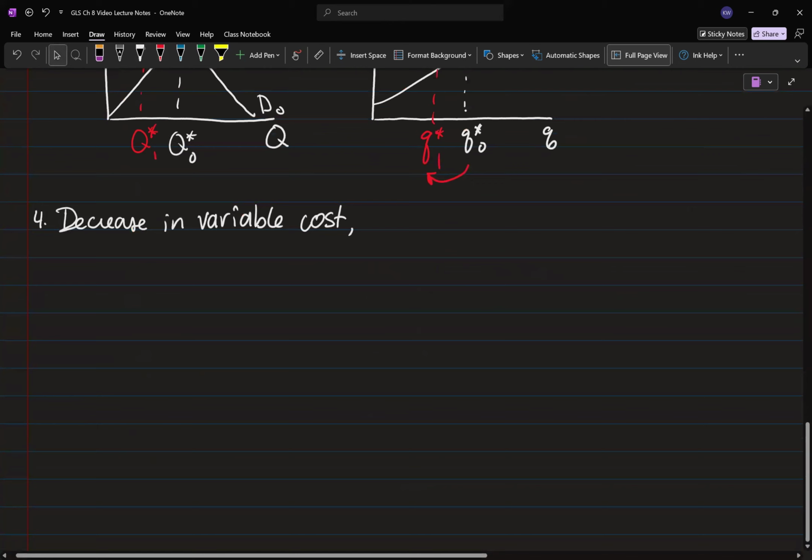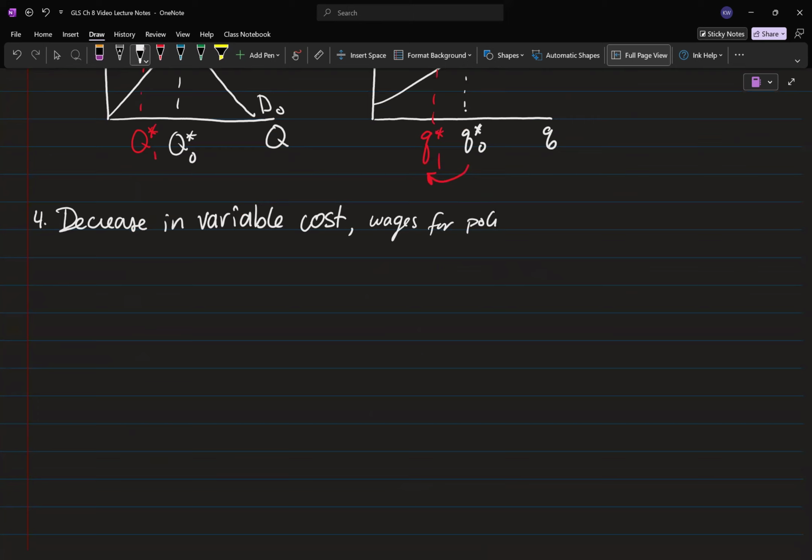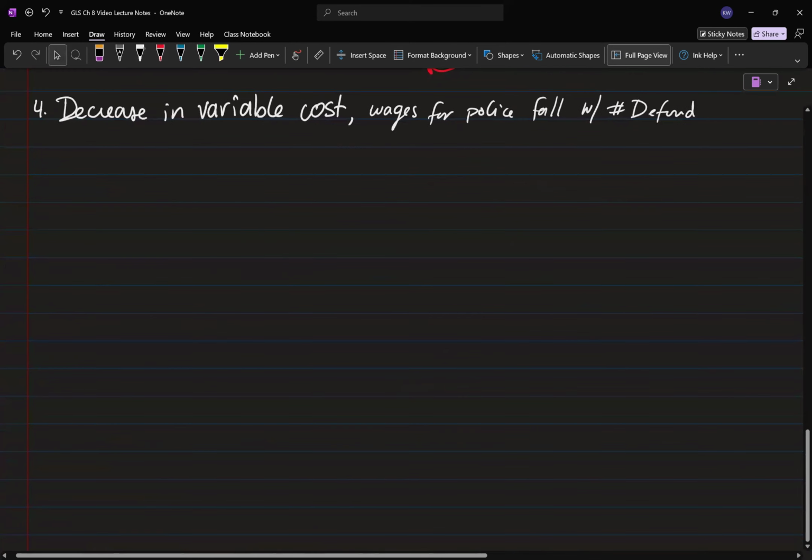Okay, so we're going to suppose that the wages for police fall due to the defund movement. Okay, that didn't happen. Really, police officer wages went up, salaries went up, but we're just supposing that that change did occur, for the exercise.